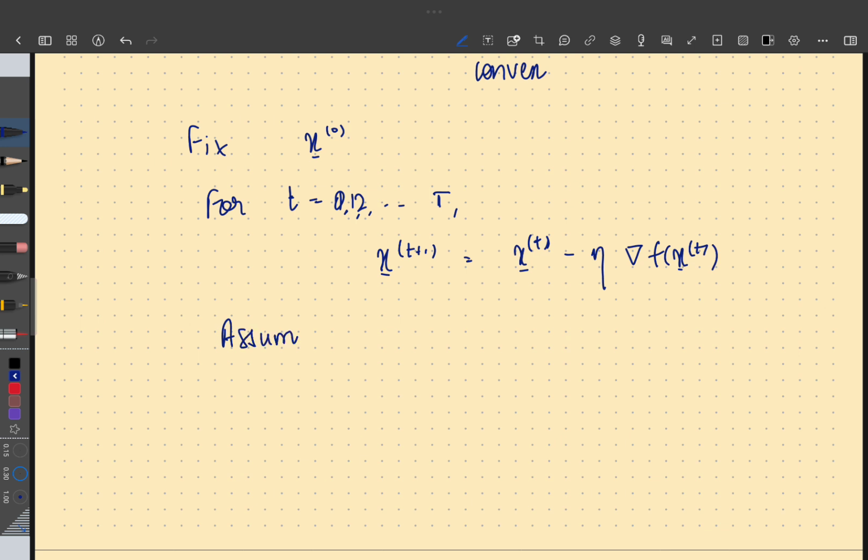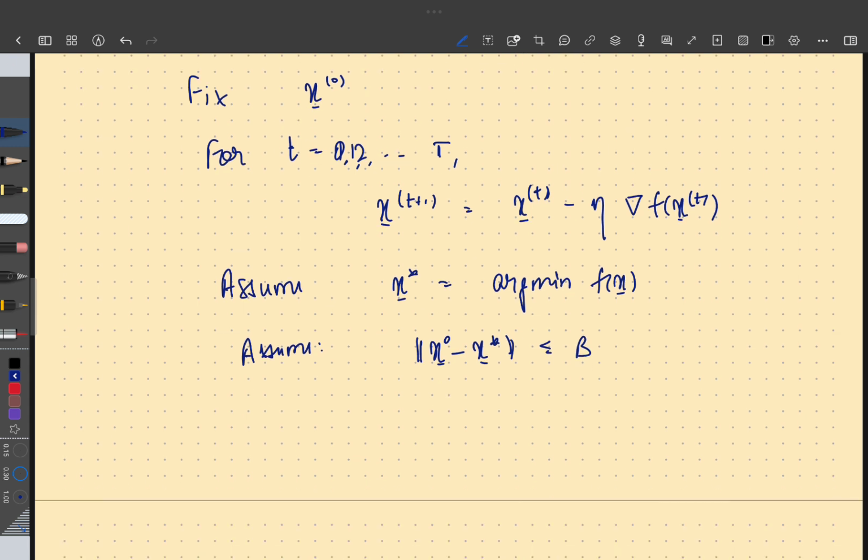So assume that x star is the minimizer for f of x, we will assume that the norm, the distance between x0 and x star is at most some quantity b, and we'll also assume that the gradient is bounded.